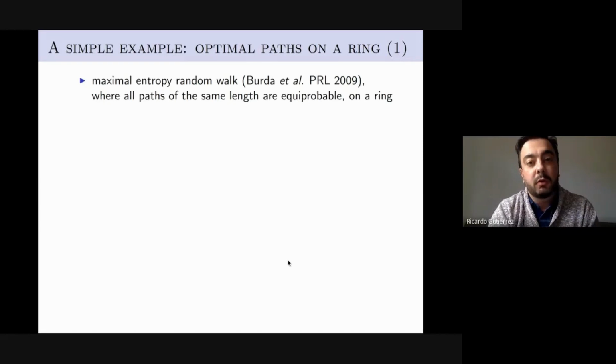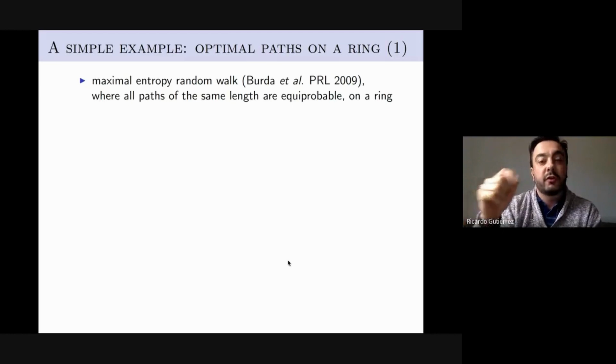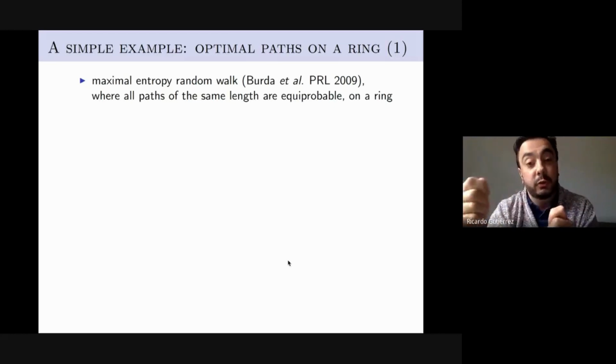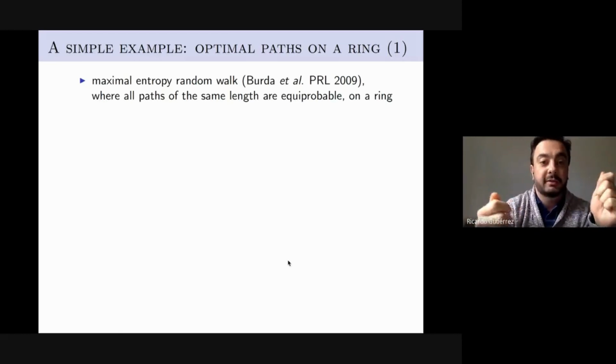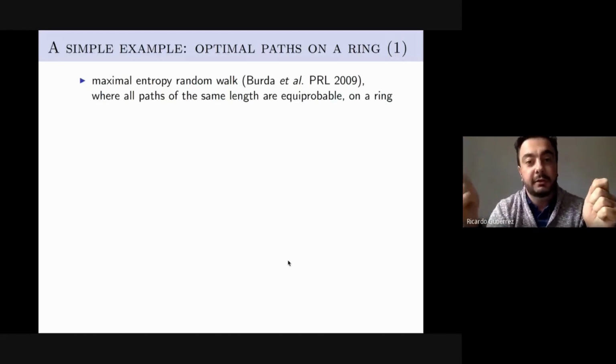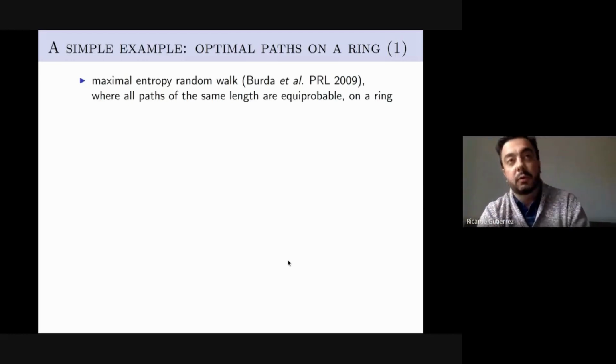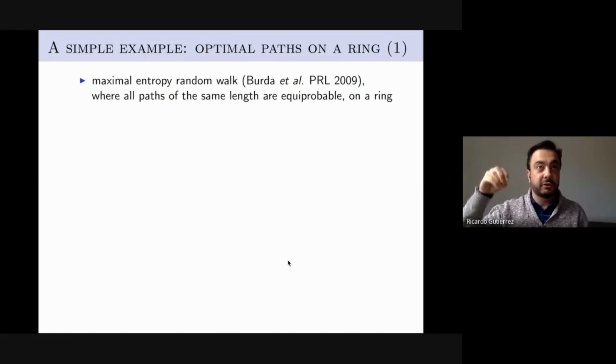But the property that justifies our consideration of it is that the maximal entropy random walk is the random walk for which all trajectories of a given length, of a given number of steps, connecting two nodes, starting from a given node S, the source, to a given node T, the target, have the same probability. This doesn't happen with the standard random walks that you use on networks, where basically transition rates are 1 divided by the number of different neighbors that you can reach from a given node.